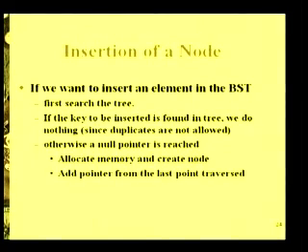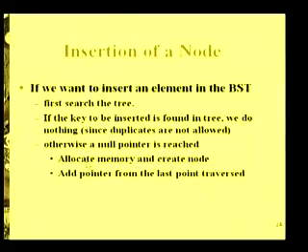The second step: if the key to be inserted is found in the tree, we do nothing, since duplicates are not allowed. Otherwise, a null pointer is reached. You will be reaching a null pointer, and that probably will be a leaf node, or it may be a node that can have a maximum of only one subtree, so the other null you will be reaching.